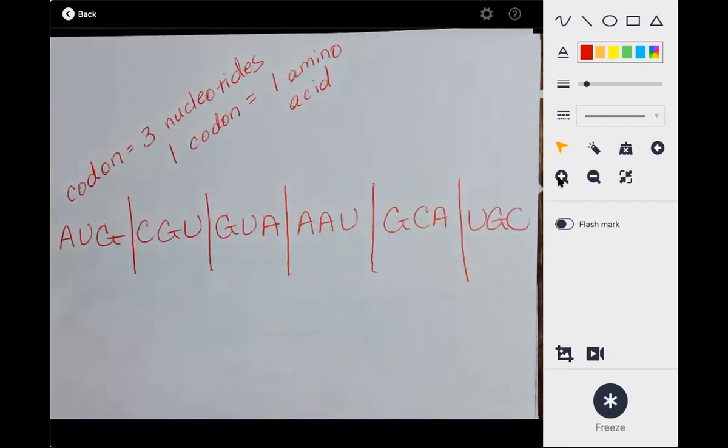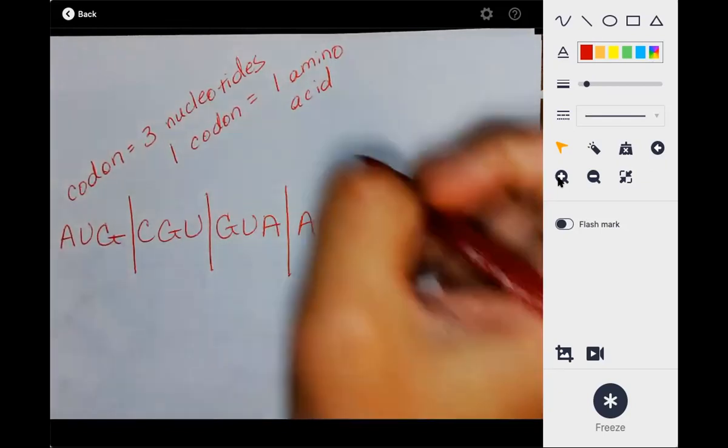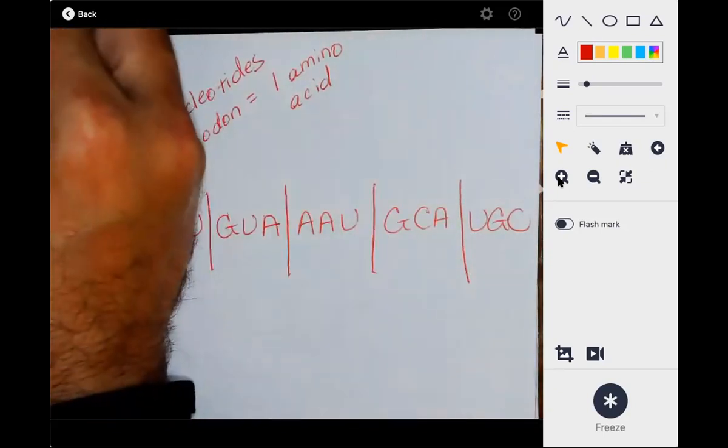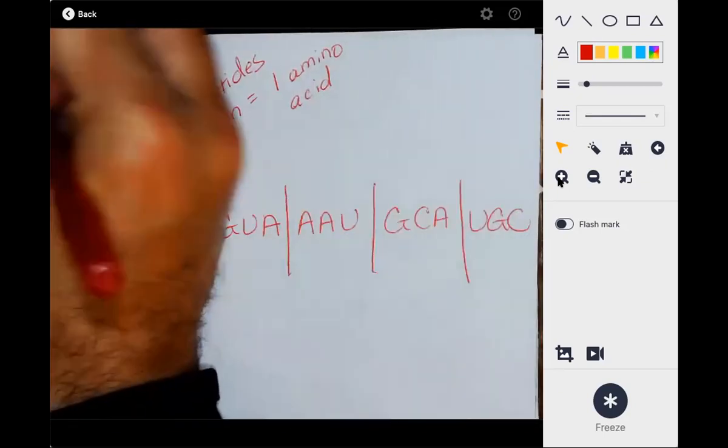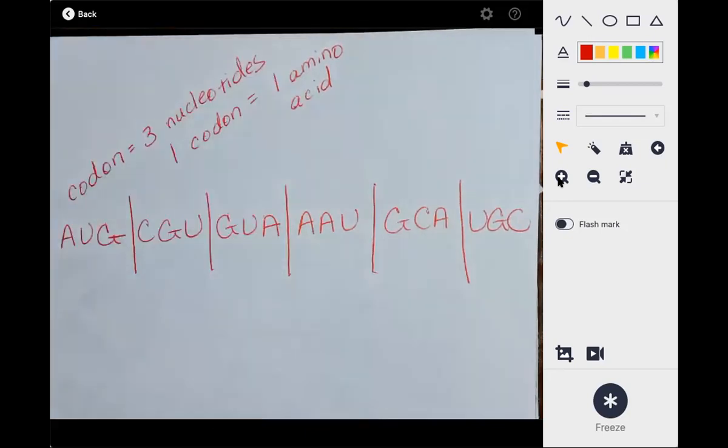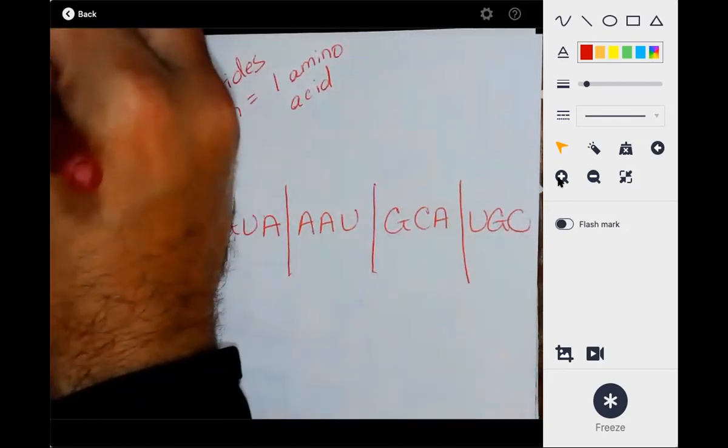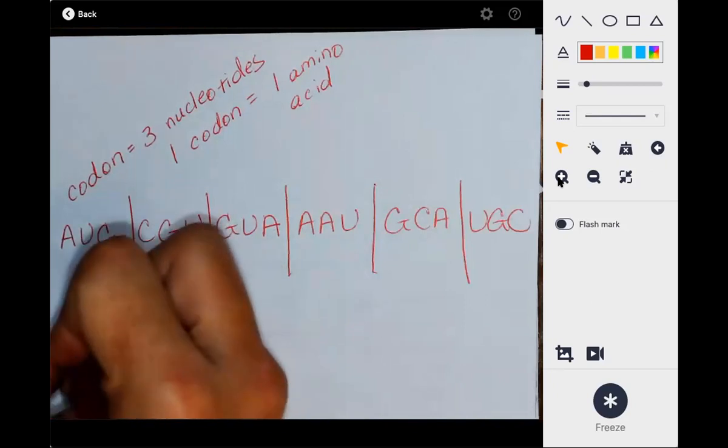Now, as you practice this, if this way doesn't help you visualize it, you can also write each codon in a list like this.